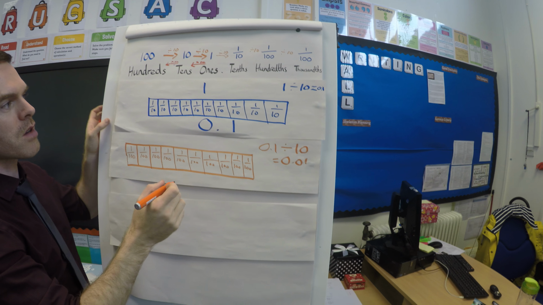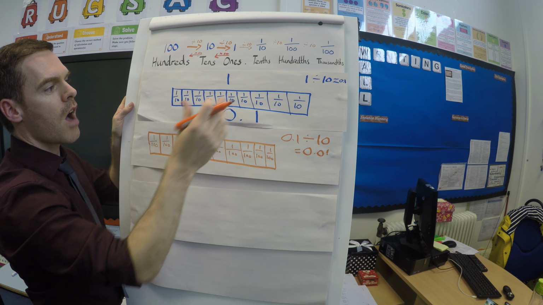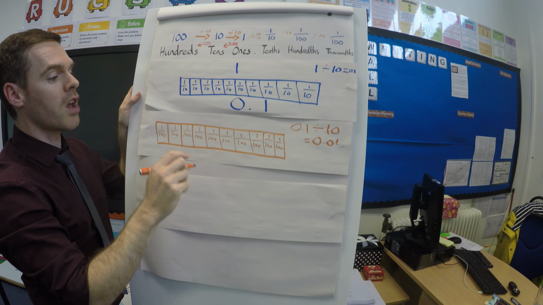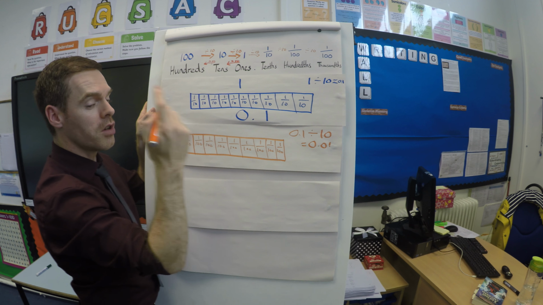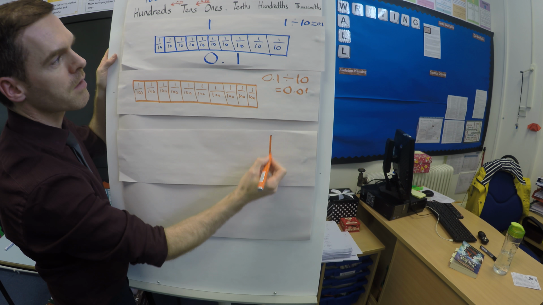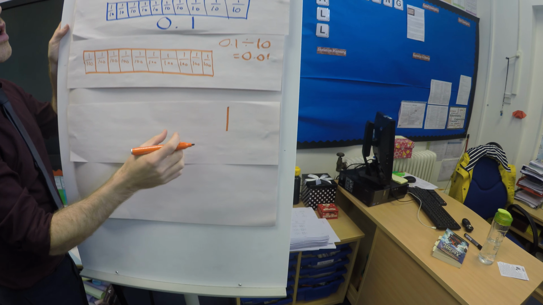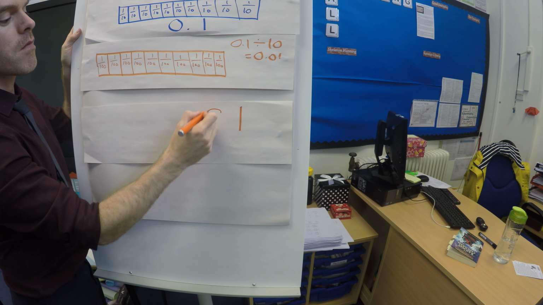Let's have a look at how that's going to look on my place value chart, okay? Each of these represents 1/100th. 1/10 divided by 10 is 1/100th. So my 1 is going in my hundredths column, all the way down here. I'm trying to keep it in the same line so you can see. I have no tenths because I've divided my 1/10 by 10.